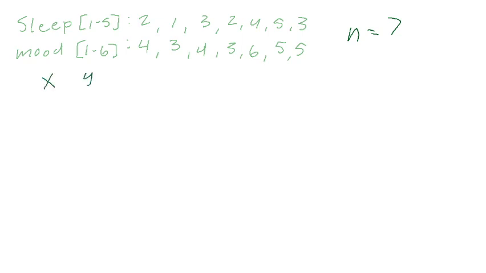This is sort of how I'll be writing these out henceforth, putting these into columns to make it a little easier to digest. So we have 2, 1, 3, 2, 4, 5, 3. We're a little askew there, but that's okay. 4, 3, 4, 3, 6, 5, 5. So we have our data here.